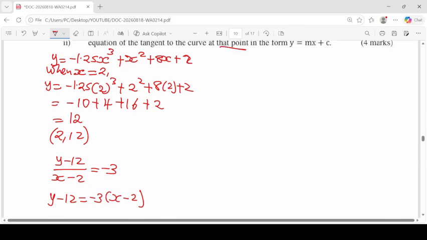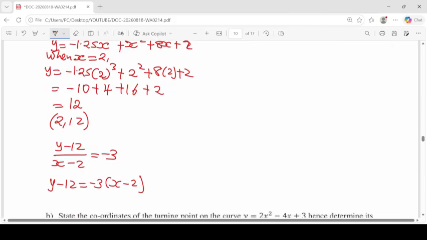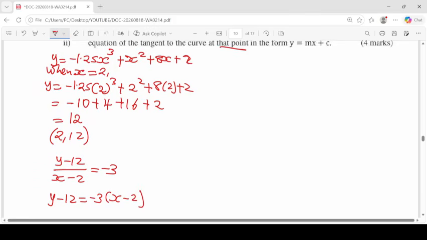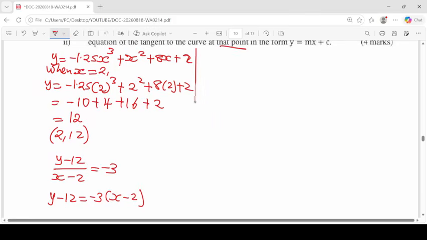Let us open the brackets. So this will be y minus 12 being equal to negative 3x plus 6. Then you collect the like terms.